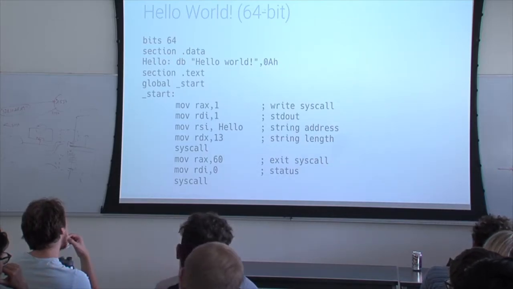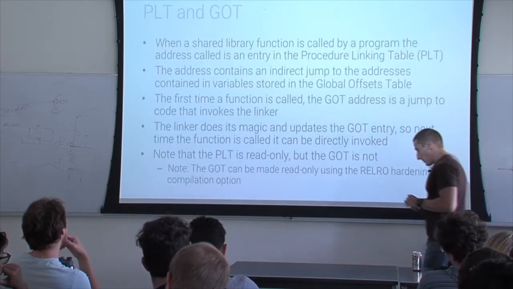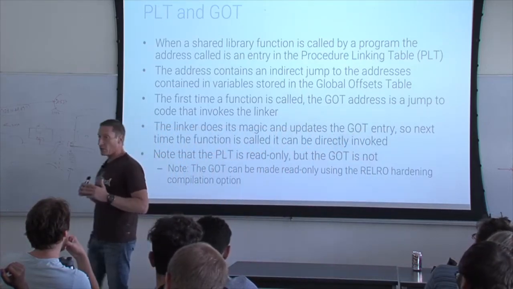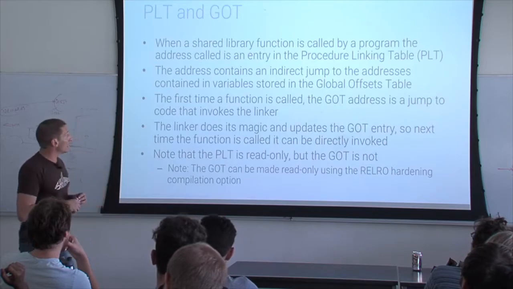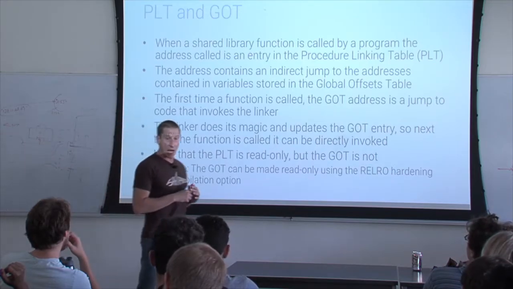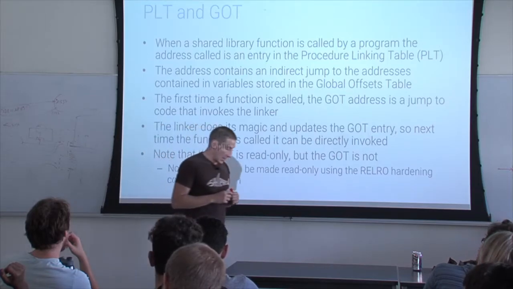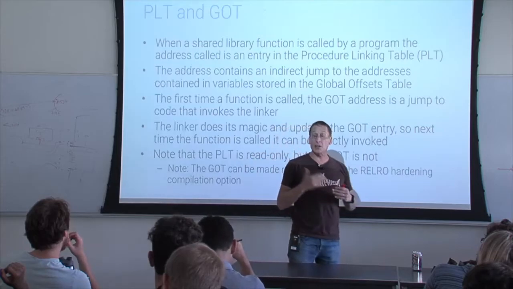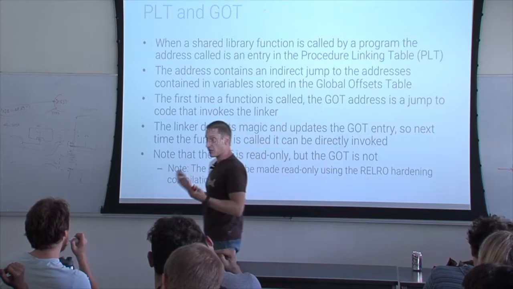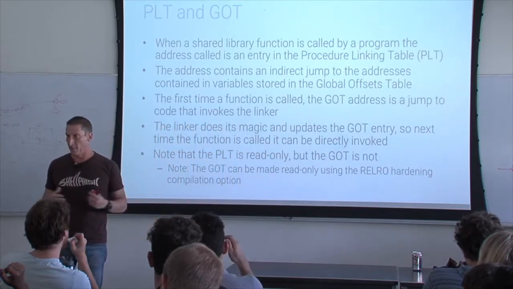Interestingly, there are in all this some parts that are relevant, and we will see in a second. One is the PLT and the GOT. The procedure linking table, or PLT, is how you find out where the function of a shared library that you want to invoke is. So for example, say printf or puts, something like that.